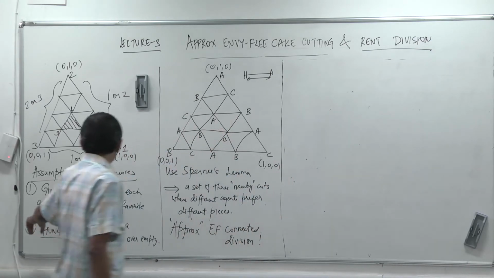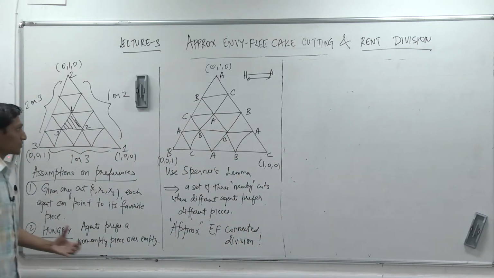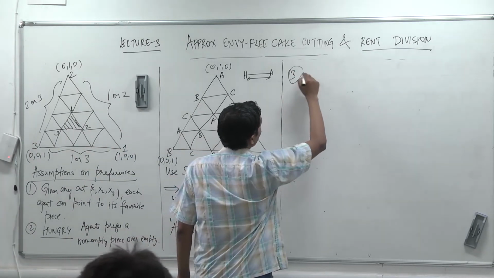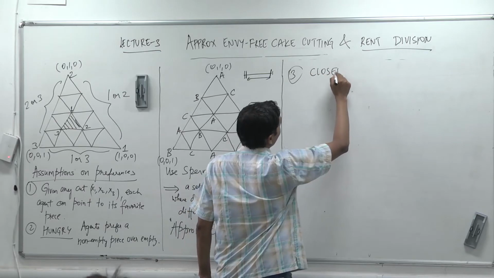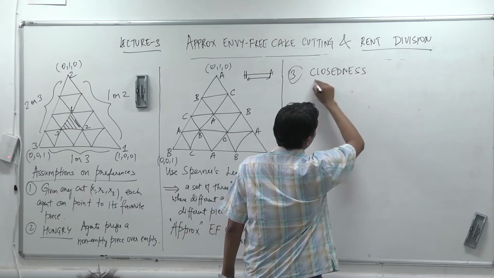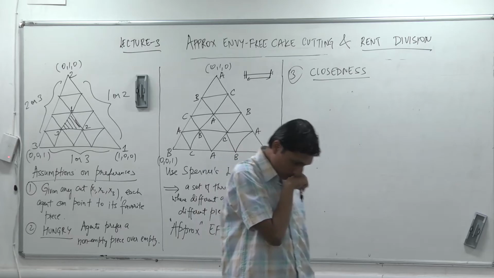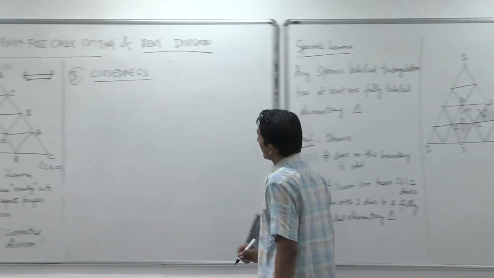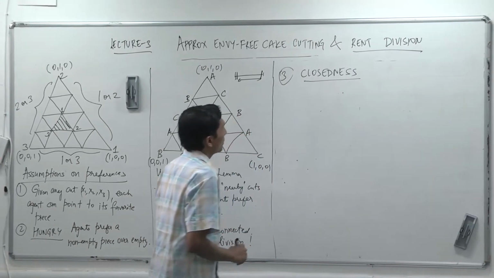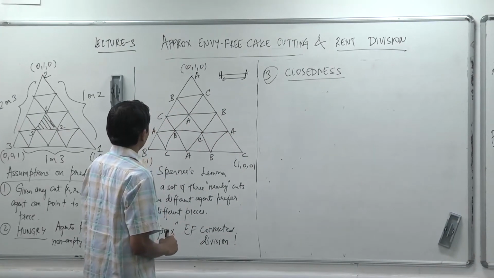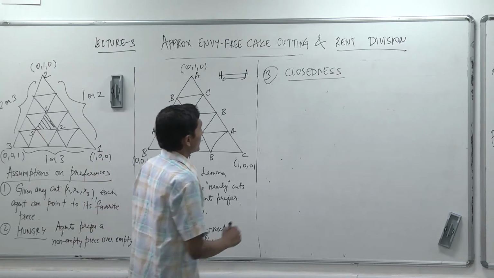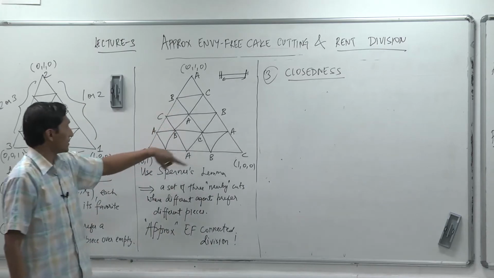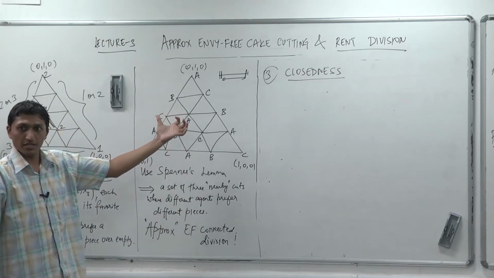By making a third assumption on the valuations, we can actually prove the existence as well. So let's make a closeness assumption. So I'll need some notation. Any point in this space is a three-dimensional entity, x1, x2, x3.